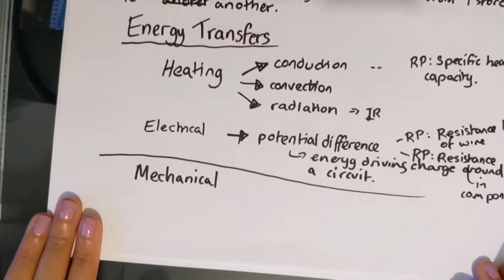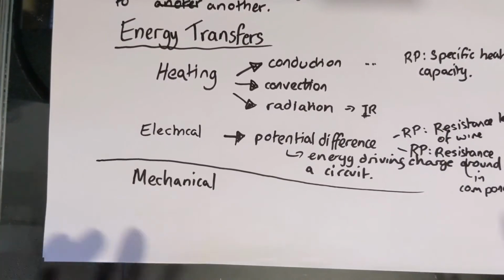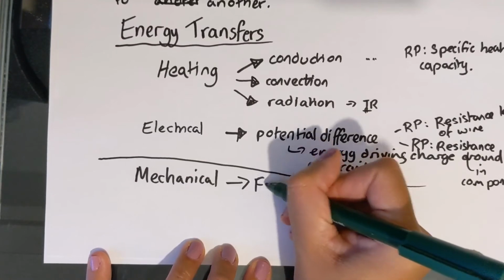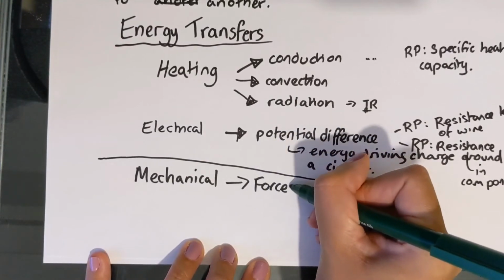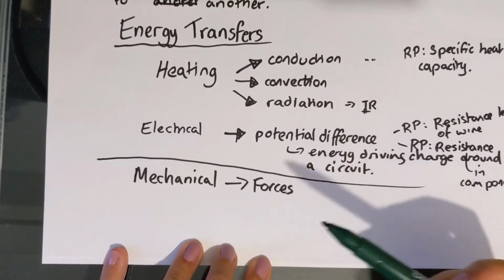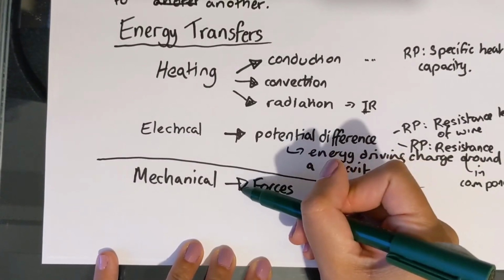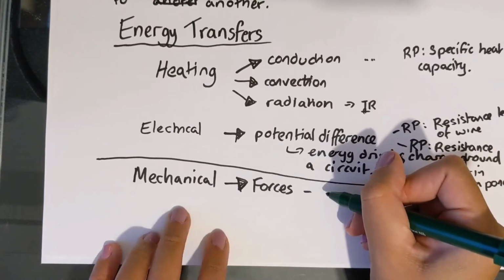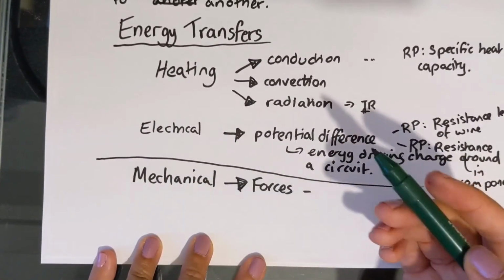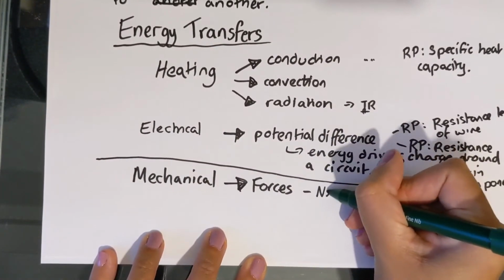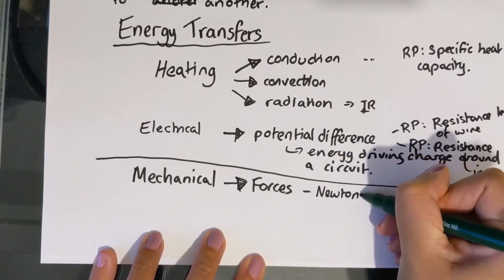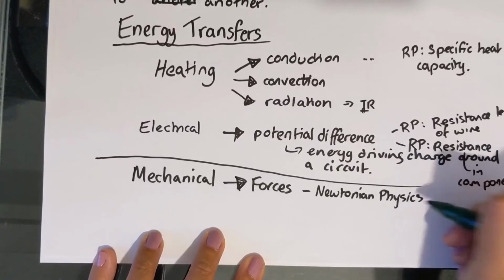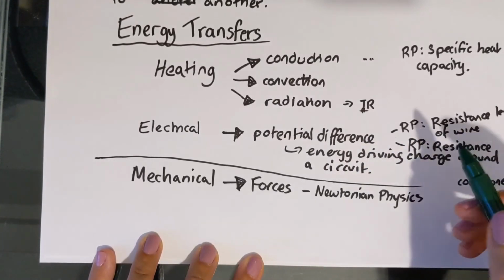Then we move on to mechanical. So mechanical is any energy transfer associated with forces, okay. And you will notice that the first part of paper 2 is all about forces. This is a whole branch of physics we call mechanics. We might also call it Newtonian physics, because you learn about Newton's 3 laws.